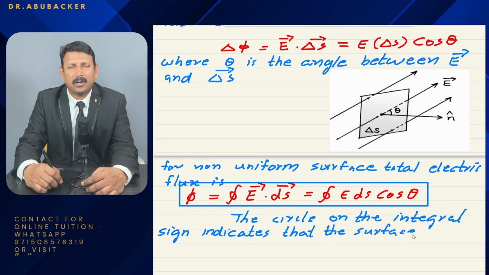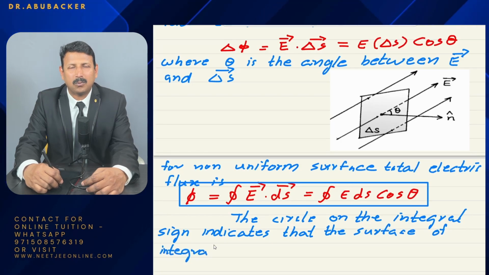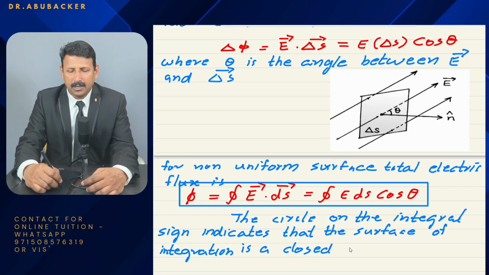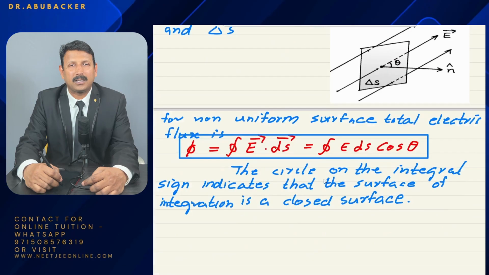What I am writing now has a new symbol on the integration, a small circle. Because some students are not specialized in maths, they may wonder what this is, never seen before.